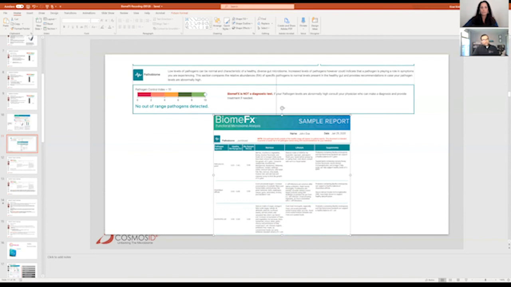And again, all of this should be paired with a really strong history that you take, symptomology, other tests that you might be doing, organic acid testing, immunological testing. All of those put together give you an overall picture of your patient or client. This in itself is not going to give you all of the answers. It's a potentially important part of the picture. 100%. Thank you. You're welcome.